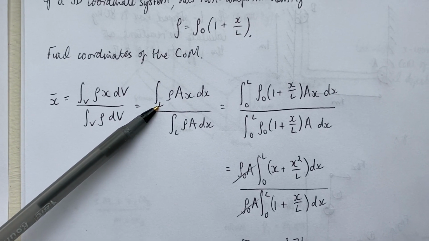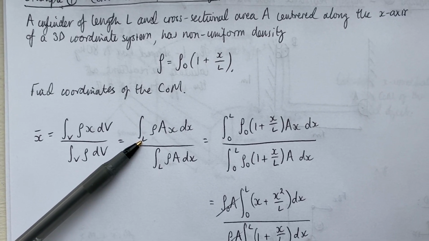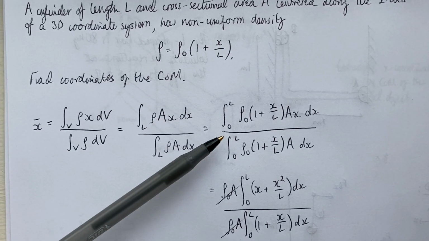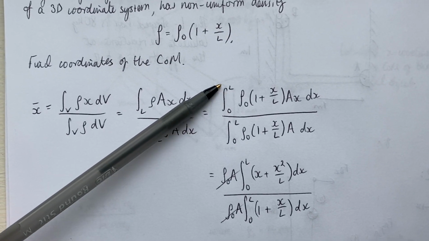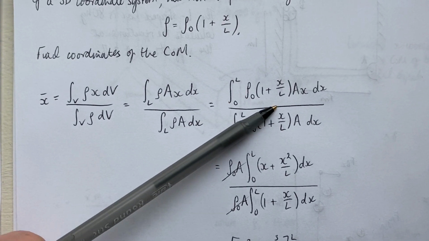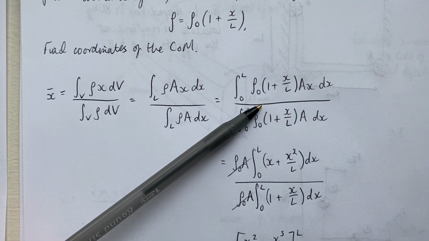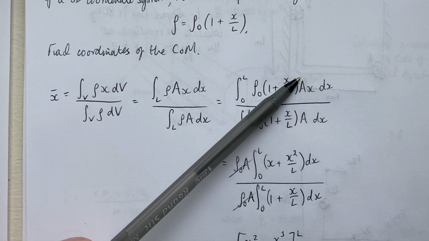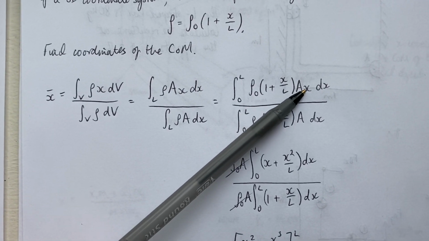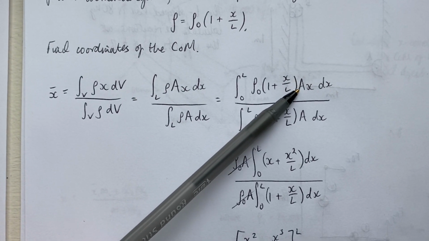So I'm integrating over the whole length of the bar, which we're told has length L. So I'm integrating between 0 and L. And then I have this expression in here replacing rho. I could also go ahead and write down the cross-sectional area of the circle or the bar, pi r squared.